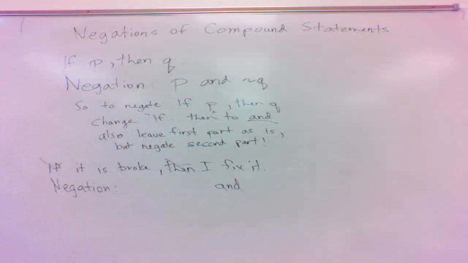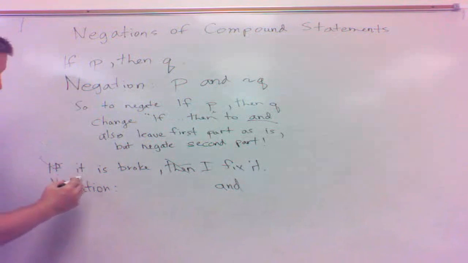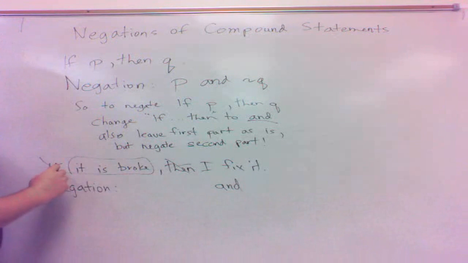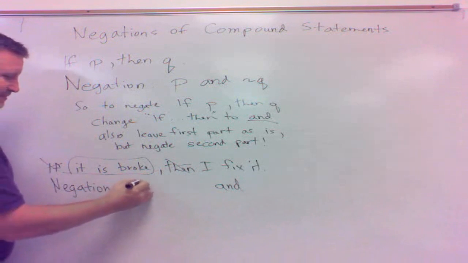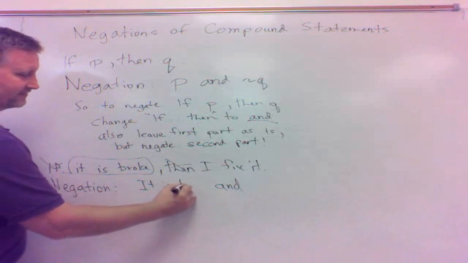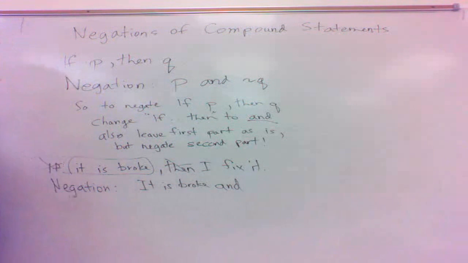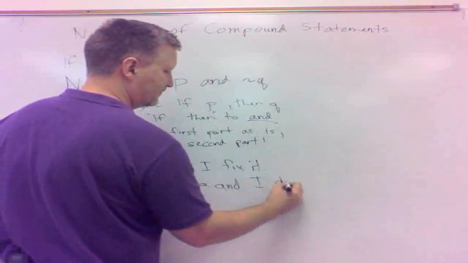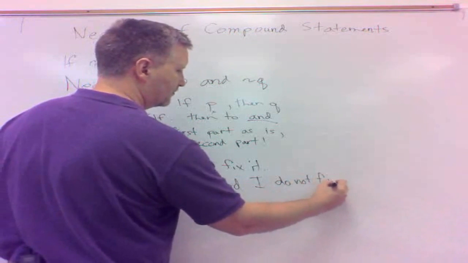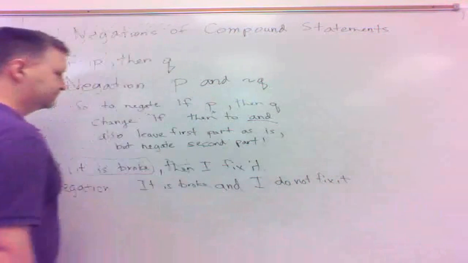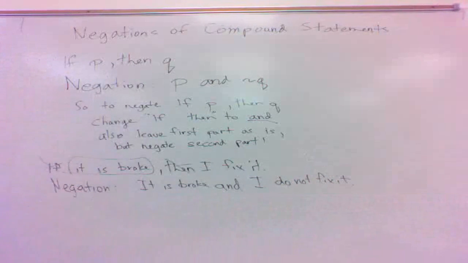So if's not in there, then's not in there anymore to negate it. Change it all over to and. Then the first part, what do I do to it? Not a thing. It stays, it is broke. So it is broke, and I negate the second part. I do not fix it. That's the negation of my original if-then statement.